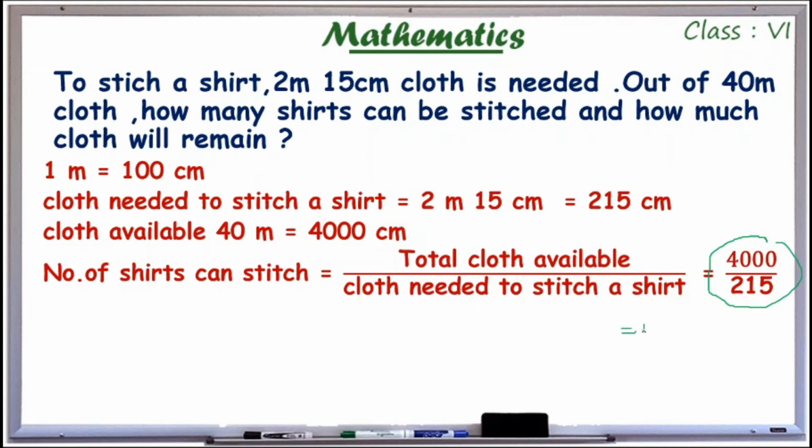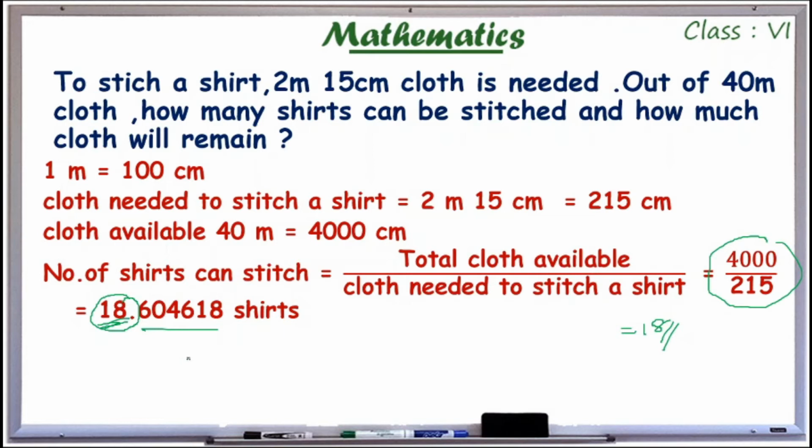I got answer 18. So 18 complete shirts. So this is in decimal form. You don't need this. Just this 18 is needed. So we can stitch 18 shirts.